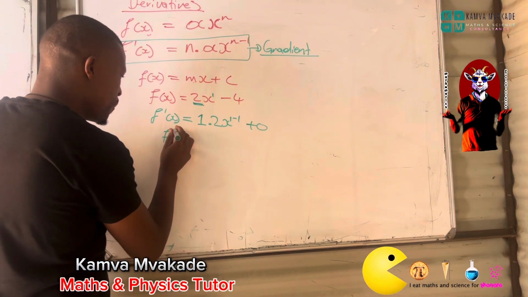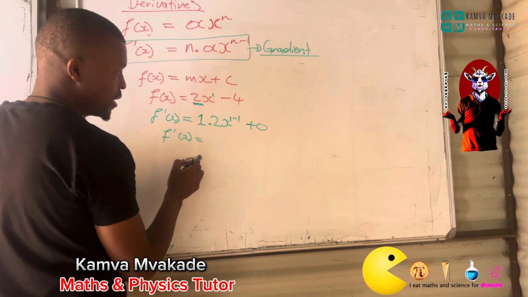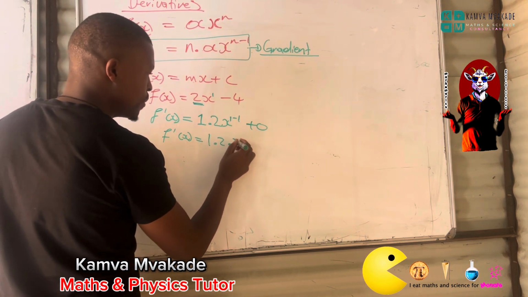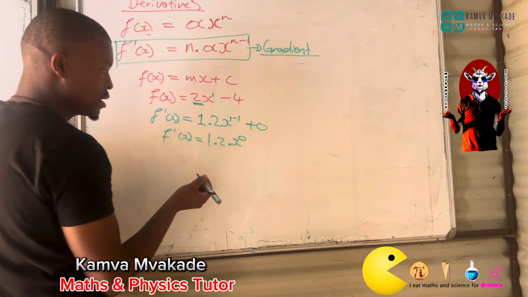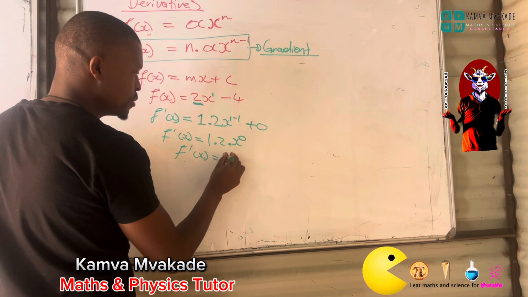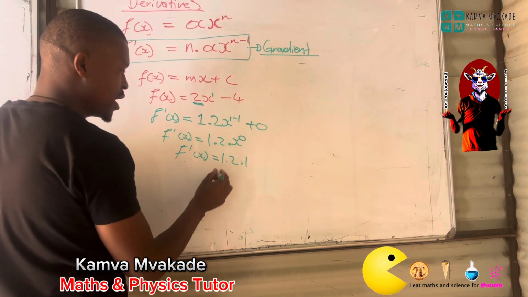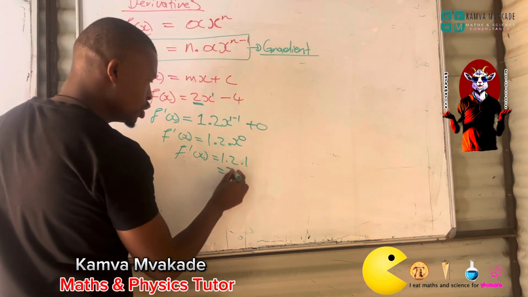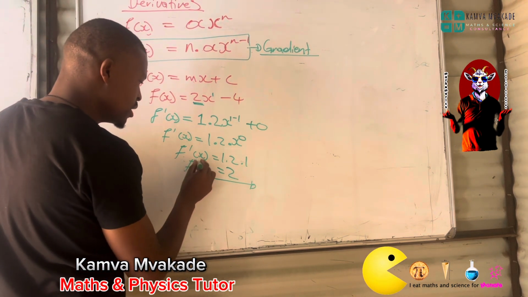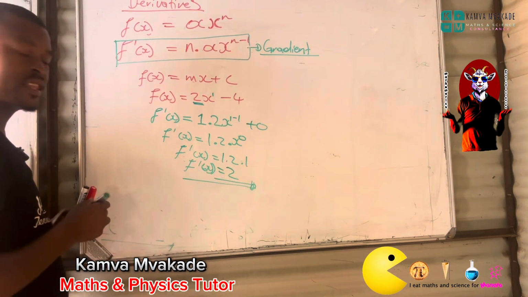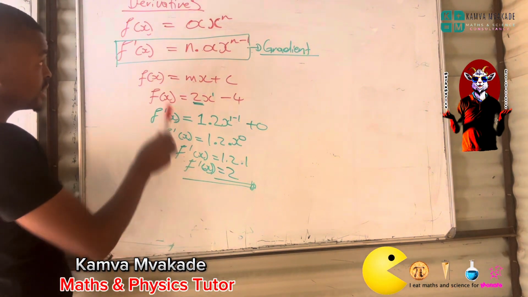So f prime of x is 1 multiply by 2 multiply by x to the power 1 minus 1, which is 0. That is 1 multiply by 2 multiply by 1, which is 2. So f prime of x, which is the derivative, is 2.